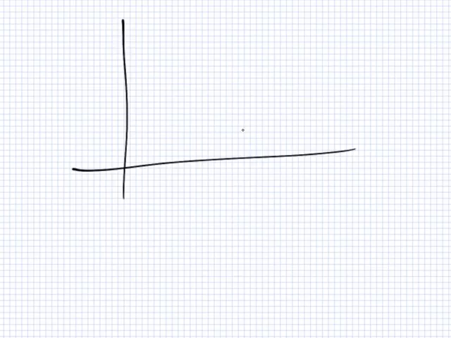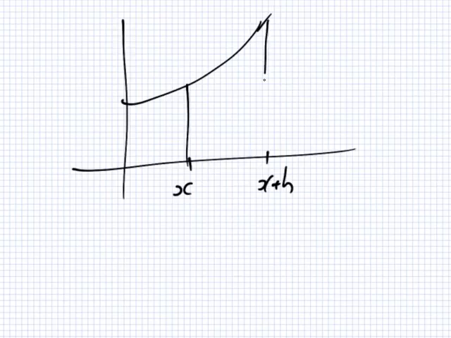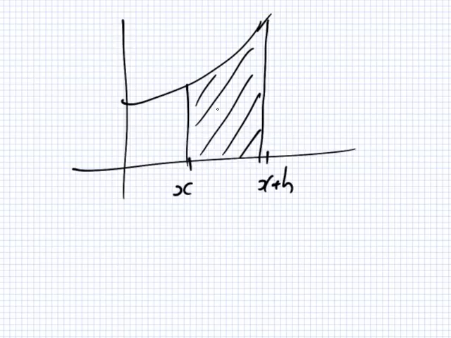And this time, what I'll do is here, this is x plus h, and I'm going to look for this area. And I'm going to call this area, because it'll be small, delta A for small area, yes?